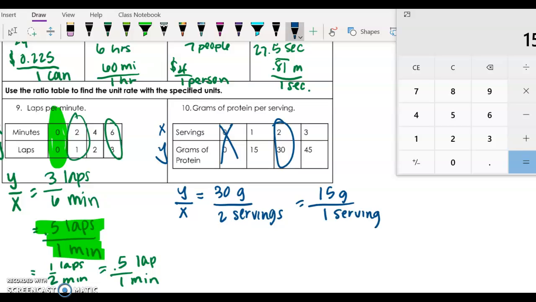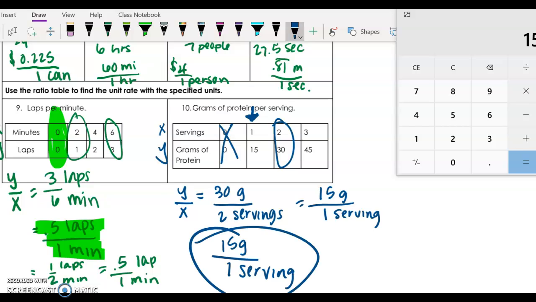What's really cool is if you have a 1 in your x, it's kind of a helpful hint. If you have a 1 in your x, then that means that will go in your denominator. So if I use this column here and I have 15 grams over my 1 serving, it already told me my unit rate because the 1 is on the bottom. So what we're trying to do is get the 1 to be on the bottom of our fraction.